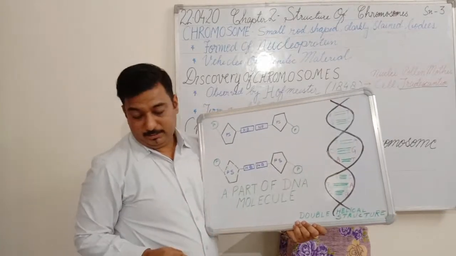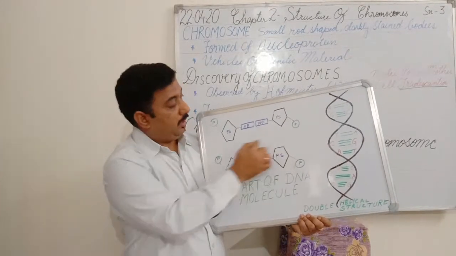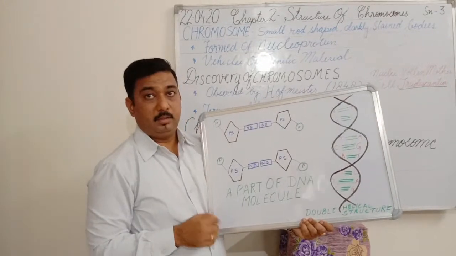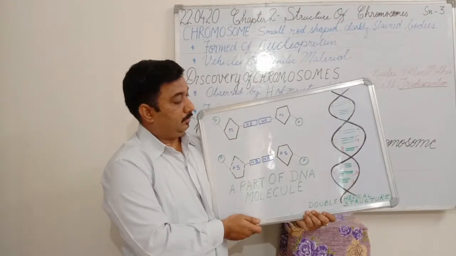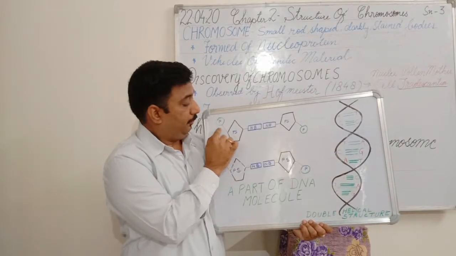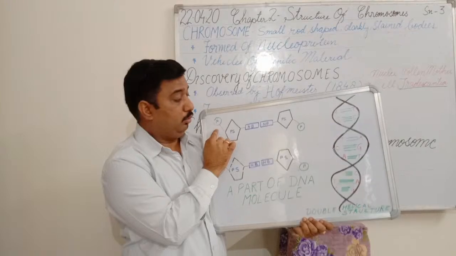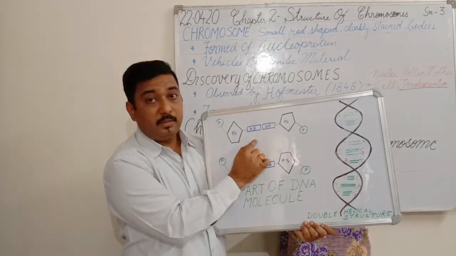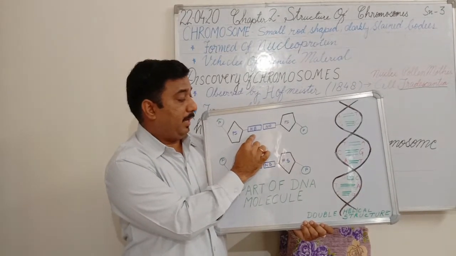You can see here the structure of a nucleotide. You will find here this pentose sugar, the phosphate group, and this is the nitrogenous base, which is represented by NB.